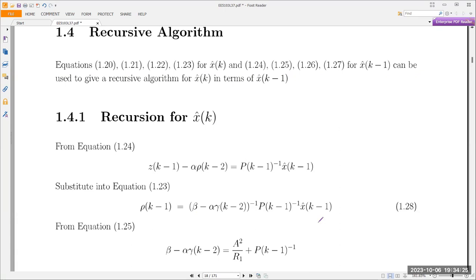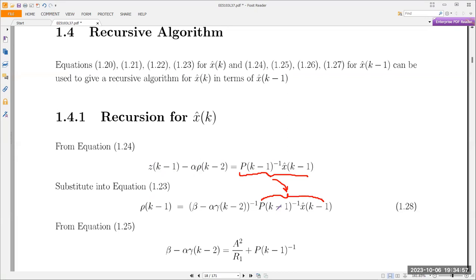Then after that, you see, this is the same as this, which means this in equation 23 must have been substituted, got rid of this. That's why this appears here.